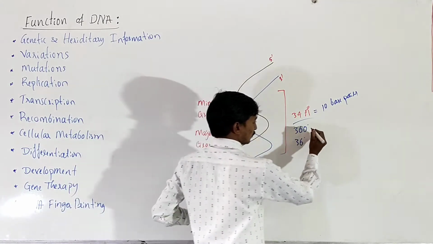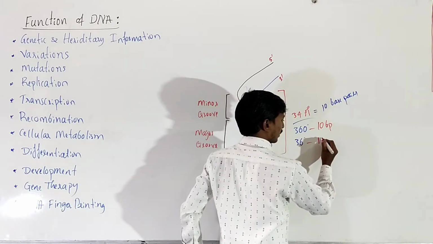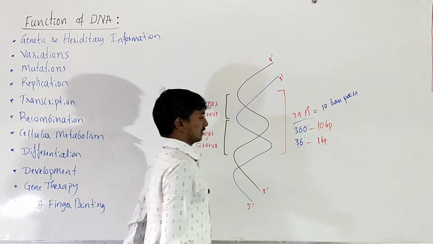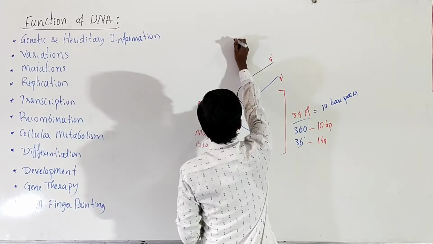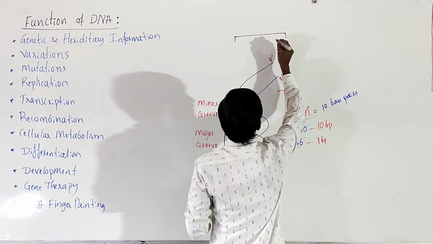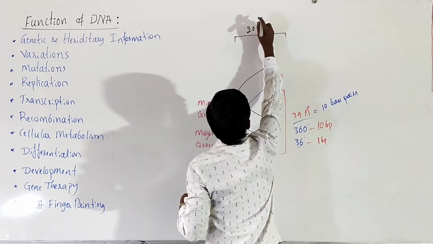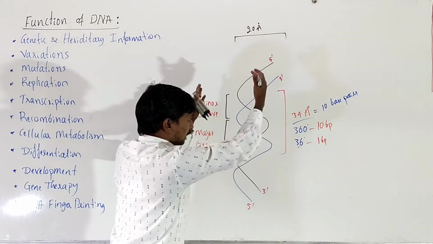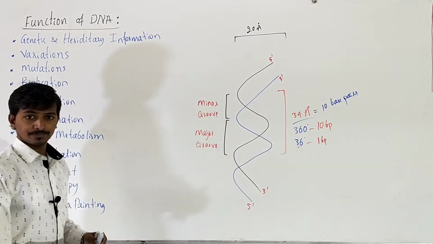And the diameter of this helix is 20 angstrom. It means it will coil only in a particular diameter. It will not go beyond that particular length, right?